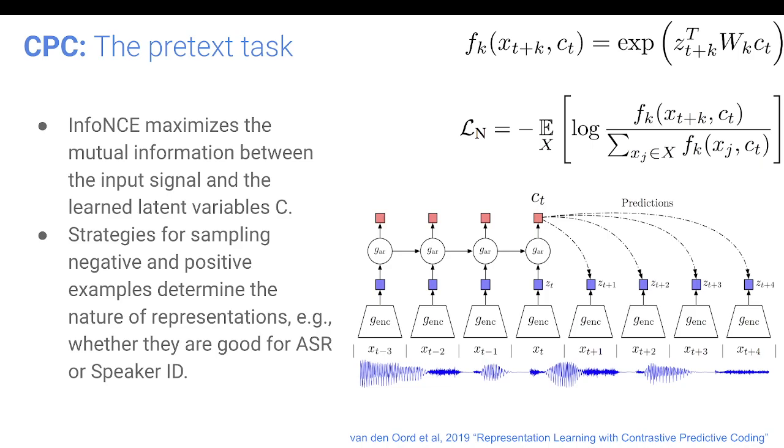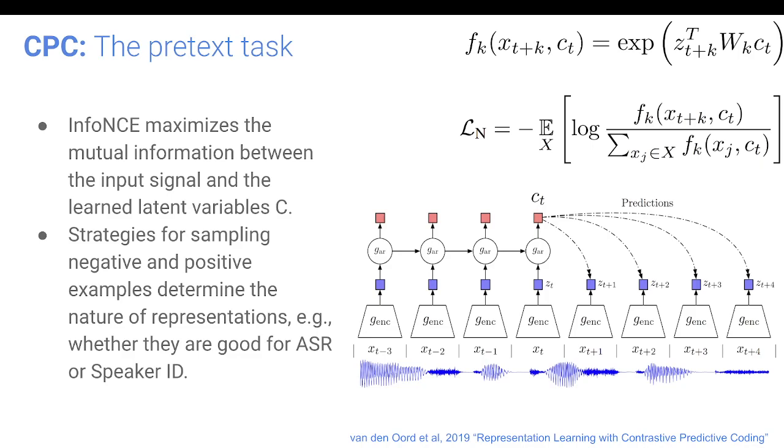So if you take CT and ZT plus 1 from the same speaker, and the negative Z that you want to maximize the distance from CT comes from a different speaker, from a different sample, the easiest feature for the model to capture would be that the negative is coming from a different speaker.